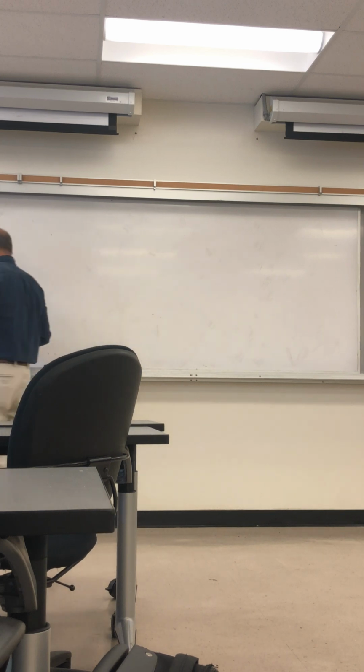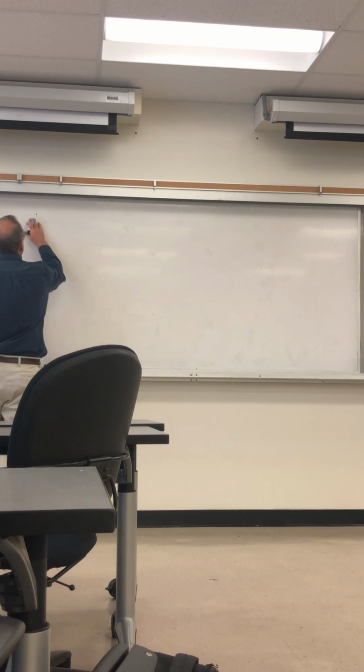Let's see how we use this parallel axis theorem in a real example as opposed to the variable form. Let's say we have a T girder, the cross section is a T of a beam, so this is the area we're interested in.